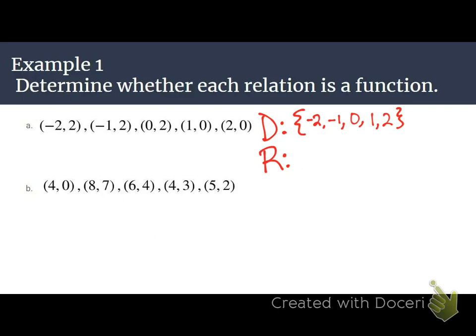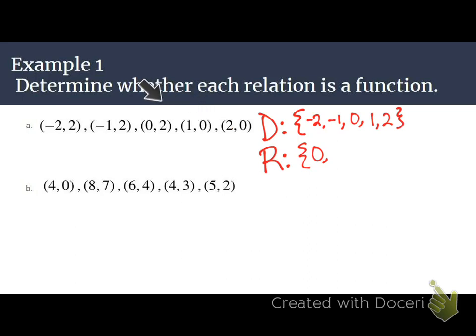The way that this one's a little bit different is when we come to our range, because first of all, we're not just going through and listing out what was paired up with what we just listed. We always start with our smallest value. So what's the smallest value from my range? 0. And then what? We only list each number once. So that's the other difference here.